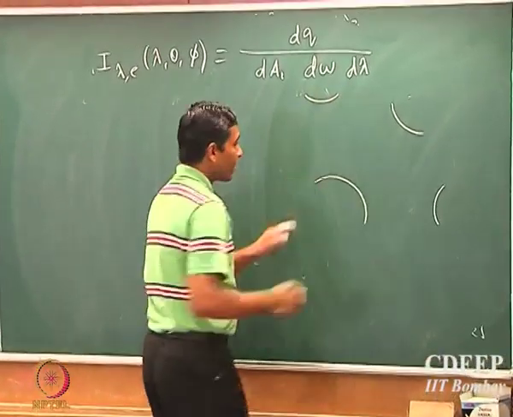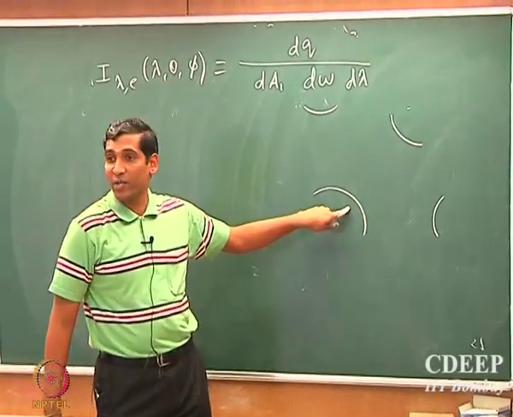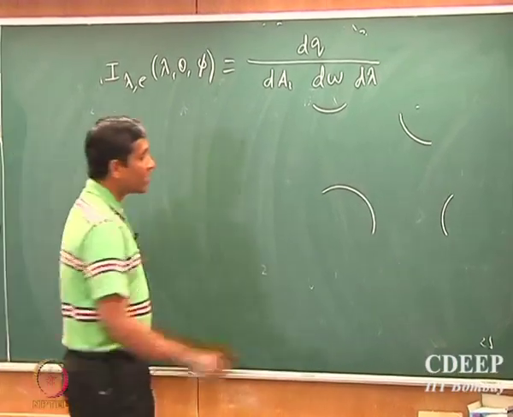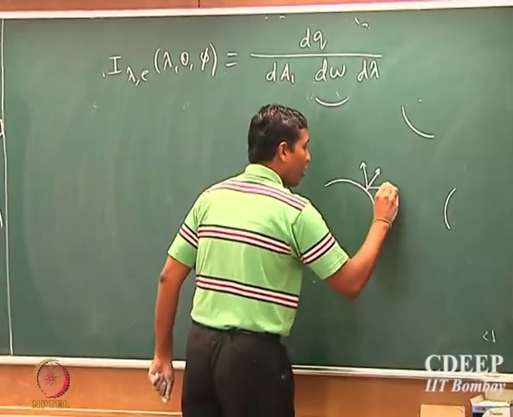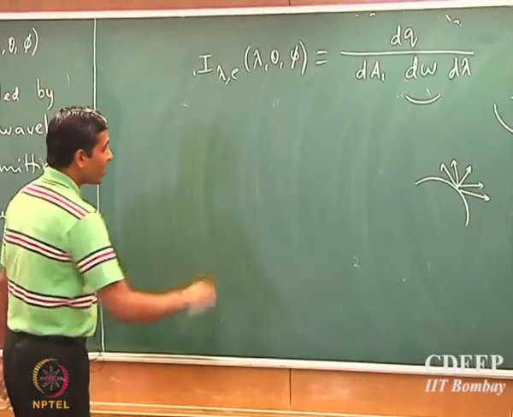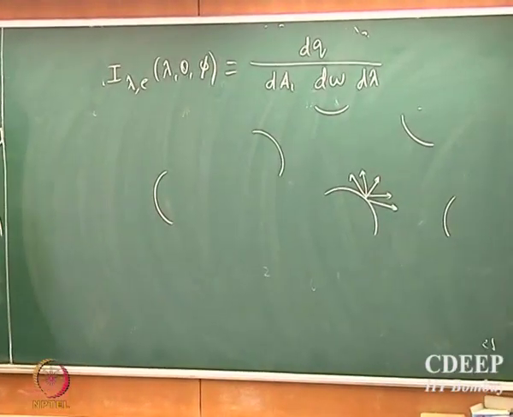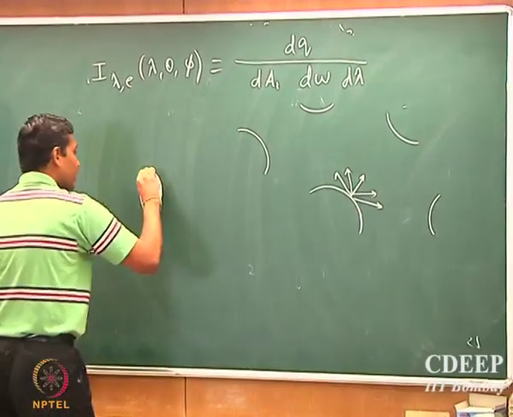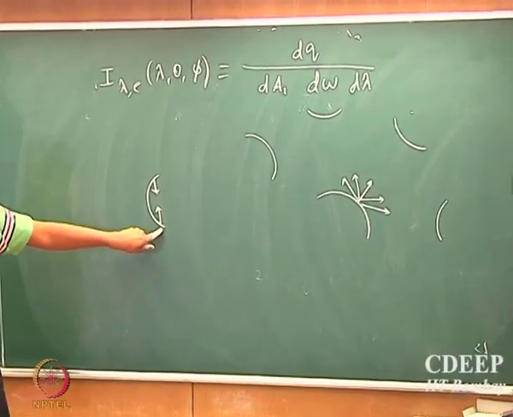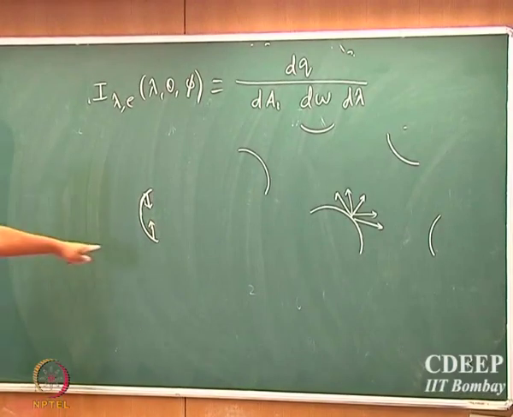Suppose you have a concave surface: whatever is emitted by the concave surface is not received by itself; it always leaves and goes out. Now suppose I have a convex surface: then whatever is emitted by this object at this location is going to be intercepted by the same object. So the orientation plays a role.